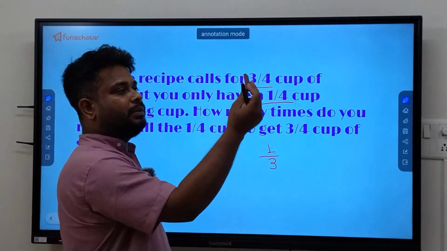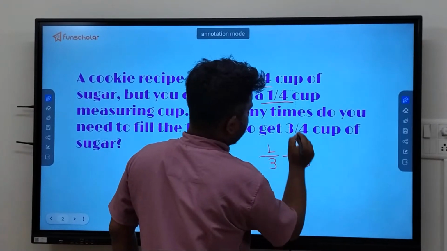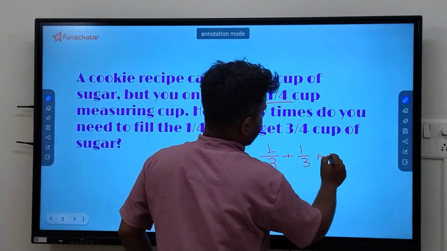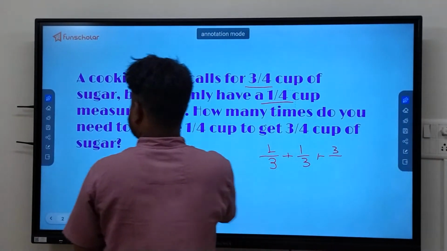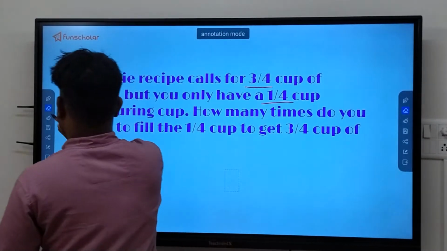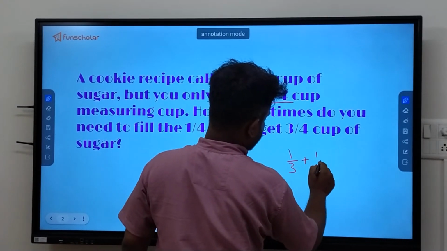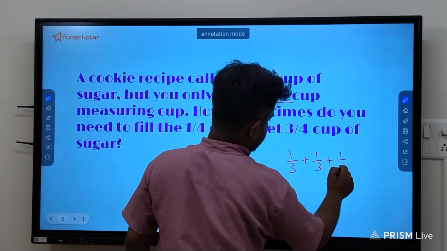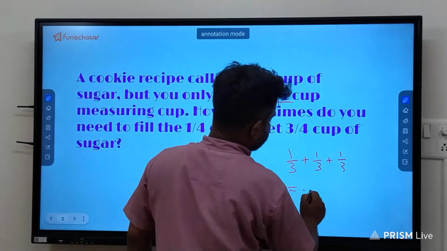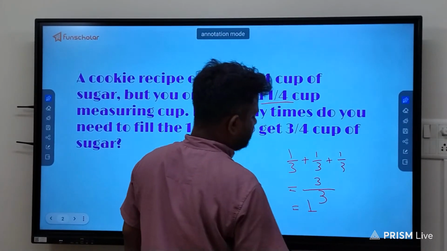So this one will be 1 by 3, another one will be again 1 by 3, and another one will be again 1 by 3. So these 3 parts together form 3 by 3, that means 1.